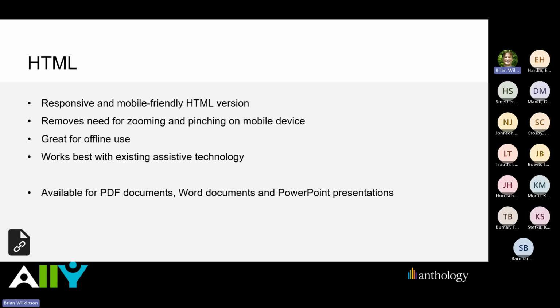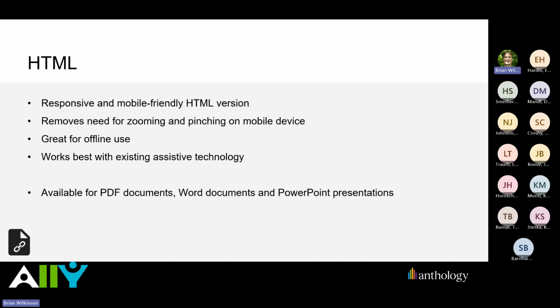Next is the HTML, which can seem like an odd choice for an alternative format, but it is a very lightweight format. It doesn't take up a lot of space on a device. It's great for offline use. It's responsive, which means the content will fit to the screen of the device it's on.